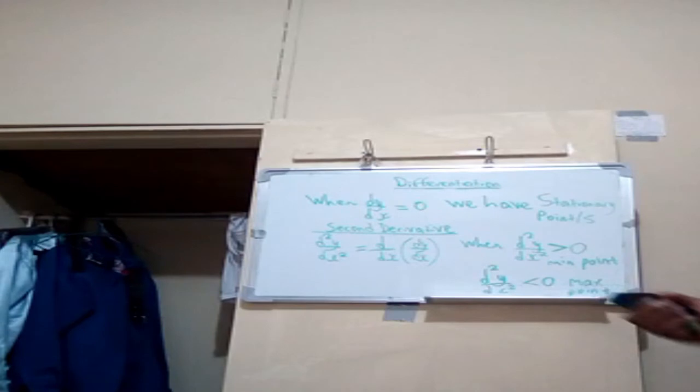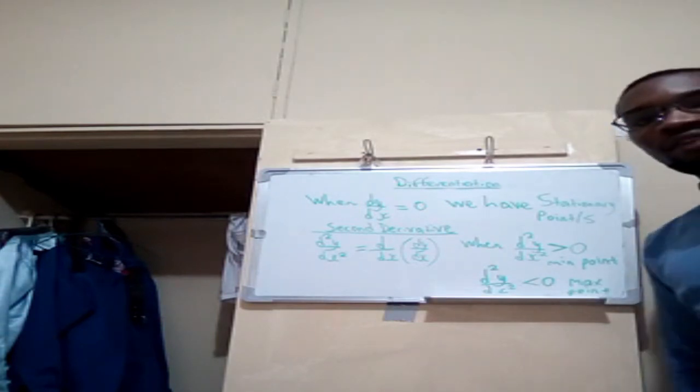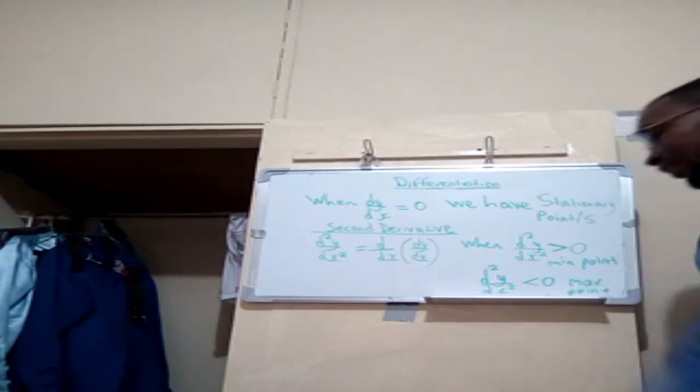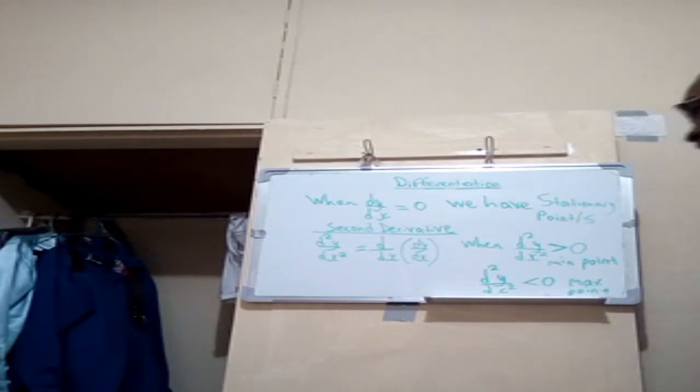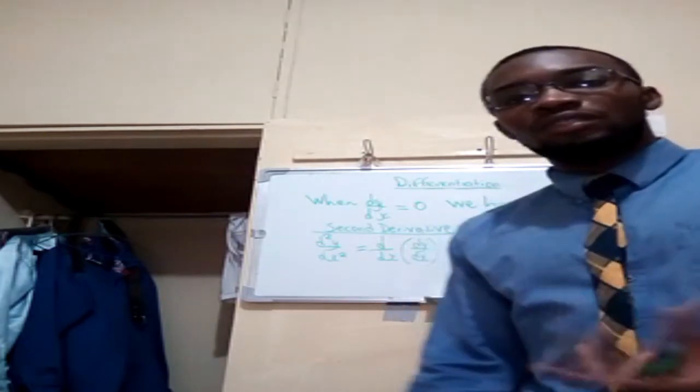So that's it. Whenever the second derivative is greater than 0, we have a minimum point. Whenever the second derivative is less than 0, then we have a maximum point. Alright? So let's go ahead and see how we'd use that in a question.